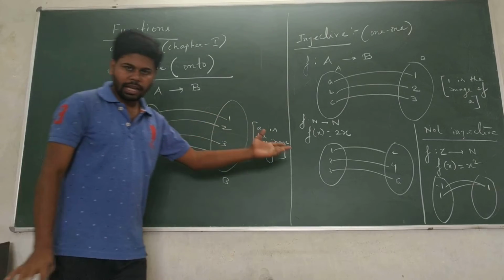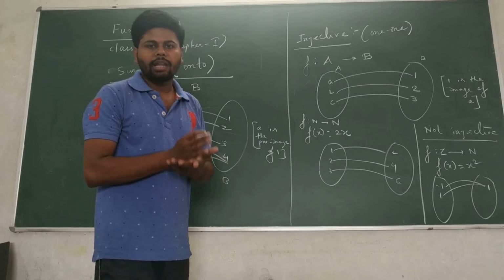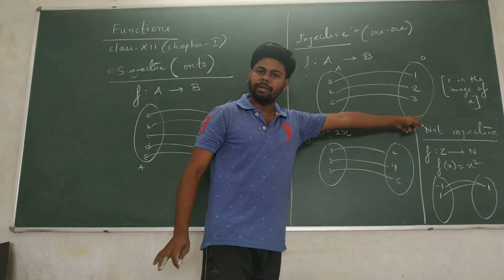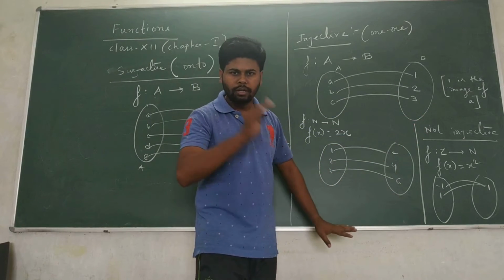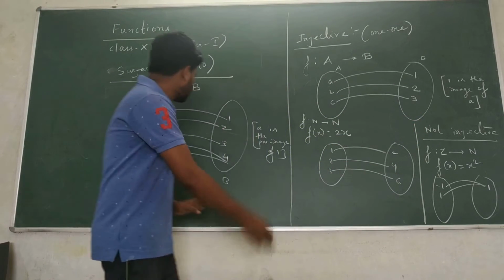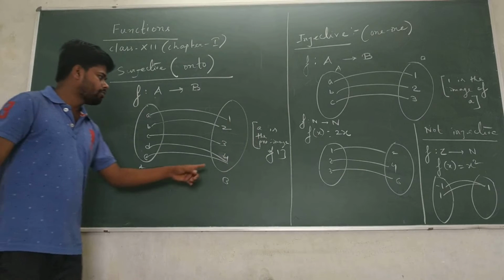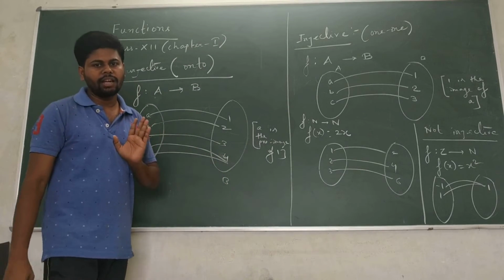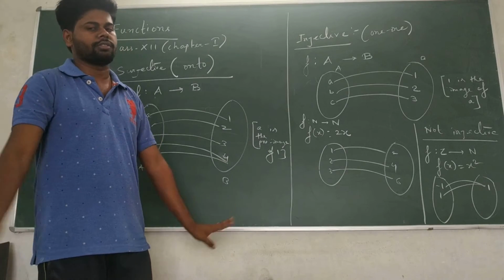For 1-1, again I am telling, every element in the domain has a unique image in the set B. This is 1-1, very simple, by the name you can understand. For onto, none of the elements in the codomain must be left out. If any single element is left out, it is not surjective.